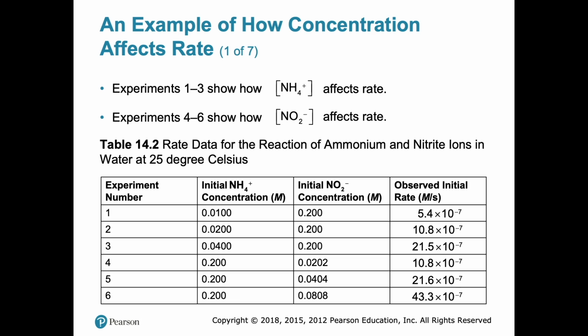The rate starts out at around 10, doubles to around 20, and then doubles again to 40. So whether I double the concentration of nitrite or double the concentration of ammonia, the rate doubles. So the thing you can say is this: when I double the concentration of the reactants, I double the rate of the reaction. Does that make sense? That's the general thing you can say, which is actually on the next slide. I just wanted to say it ahead of time.